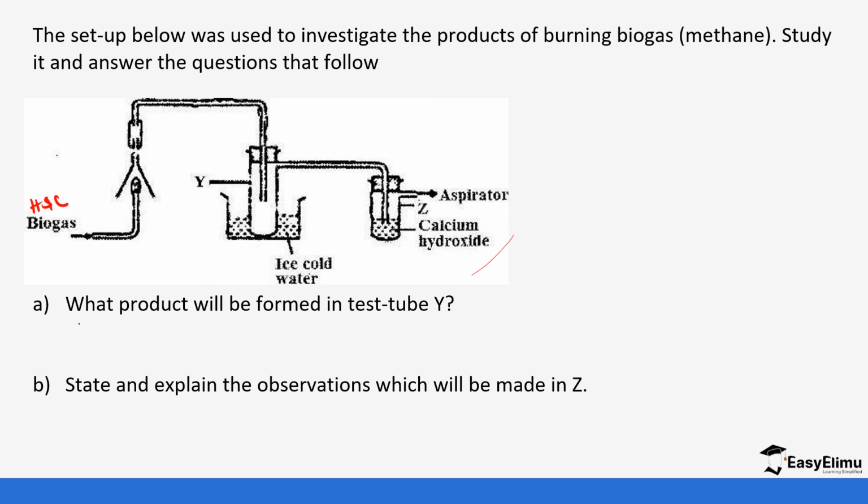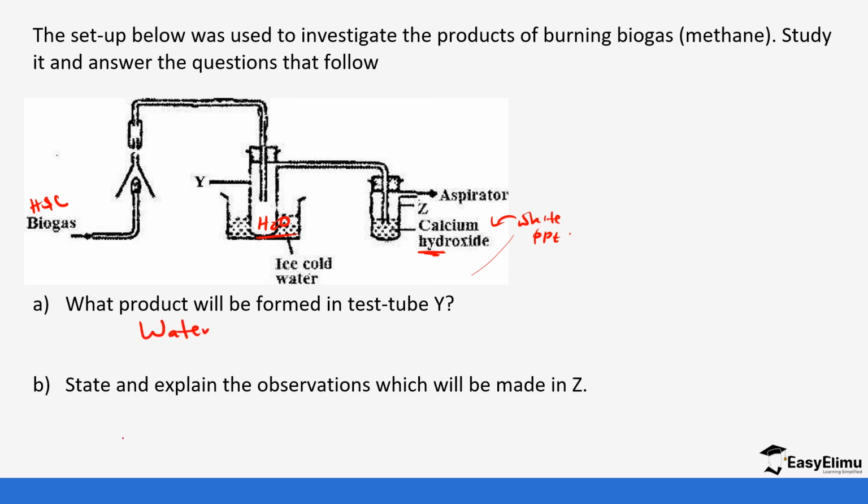So when you burn it, you produce carbon dioxide and water. The water is formed and cools on the ice cold test tube. And then carbon dioxide is absorbed by calcium hydroxide to form a white precipitate. So the first question, the product formed in test tube Y is going to be water.